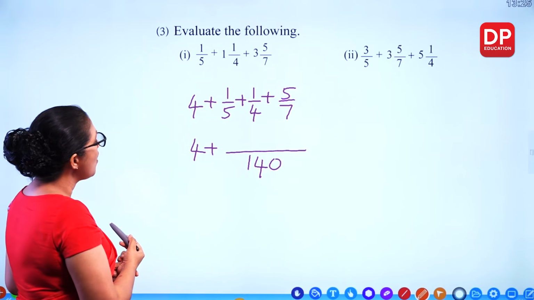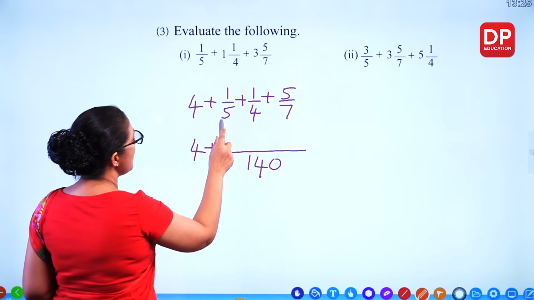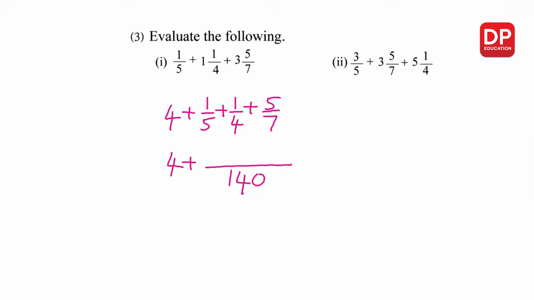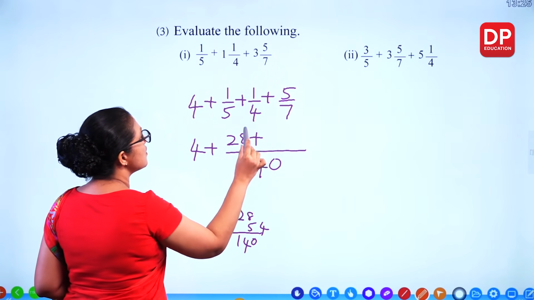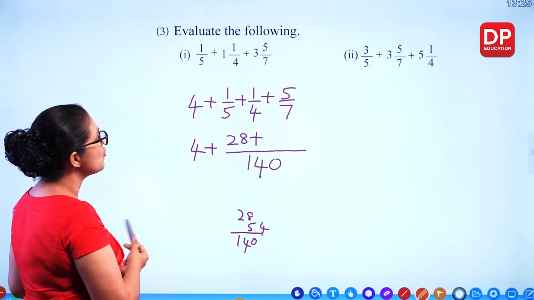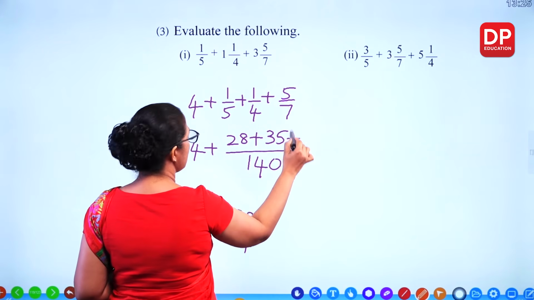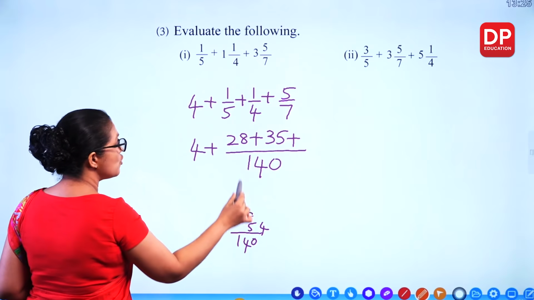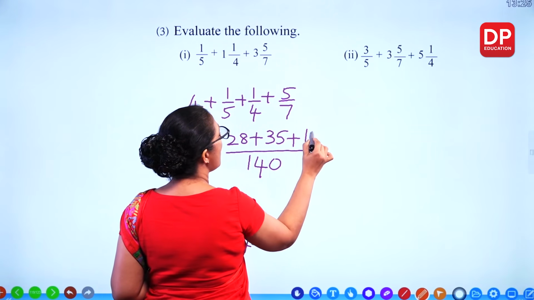So that means you have to multiply by 28. 28 times 5, 140. So 28 times 1 is 28. So 4 means you have to multiply by 35. This one you need to multiply by 20. So 20 times 5, 100.